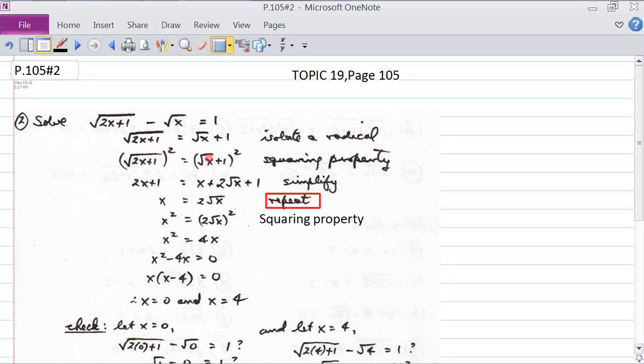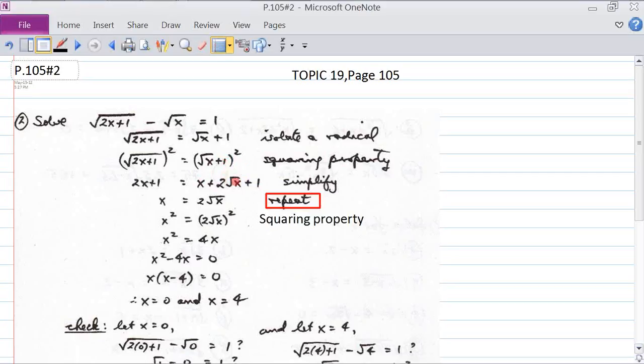Now the first times the first gives us x. The last times the last gives us 1. The middle is the square root of x plus the square root of x. When we sum, we get 2 root x.